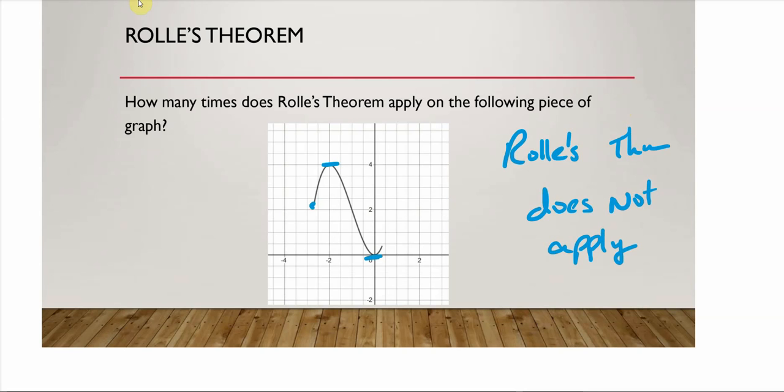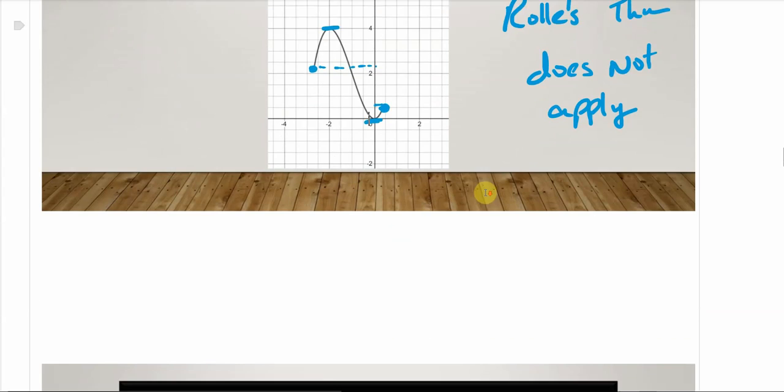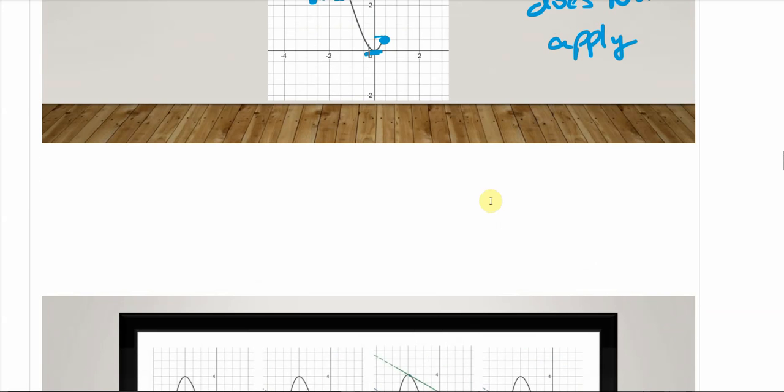Why? Because look at this endpoint and look at this endpoint. This one has an endpoint at 2 point something, while this one has a y value at point something. So they have different y's. So Rolle's theorem does not apply. Okay. Now we're going to be looking at that graph in a little bit more detail.